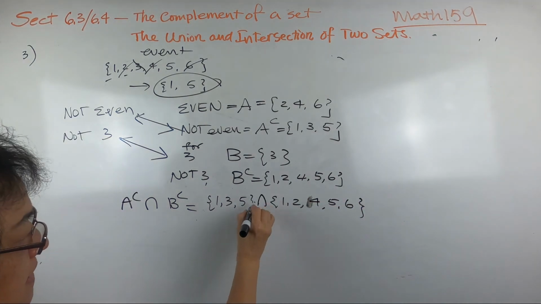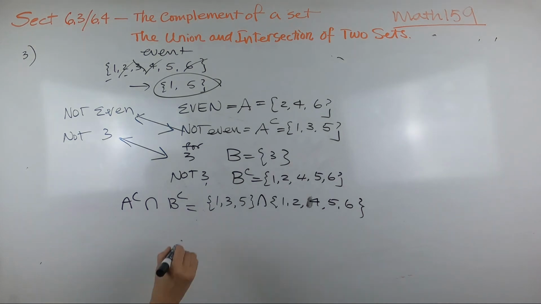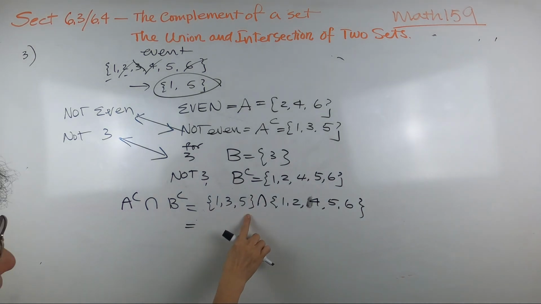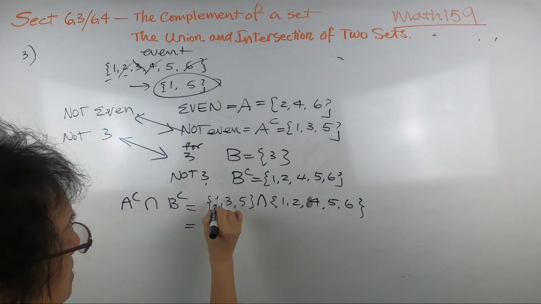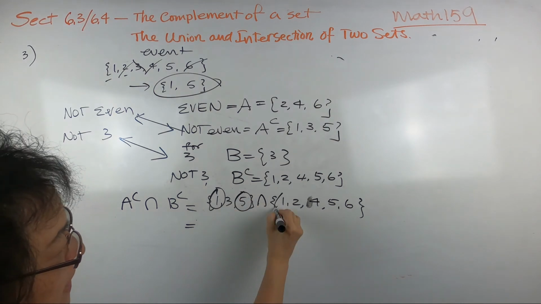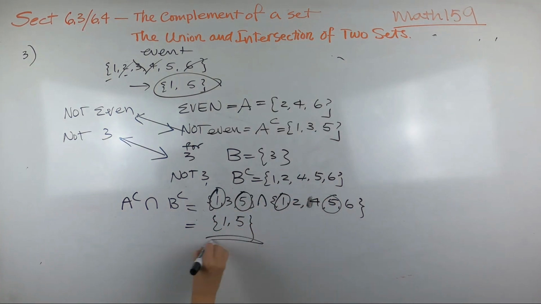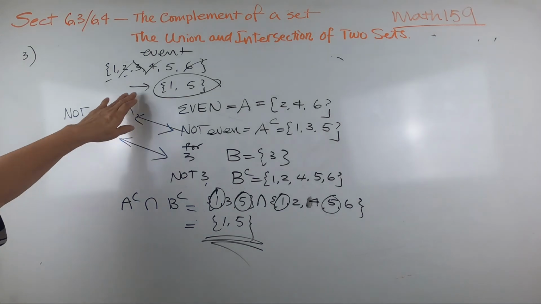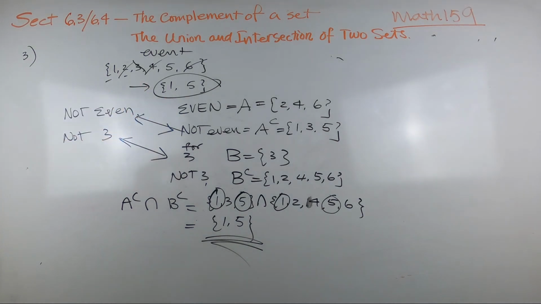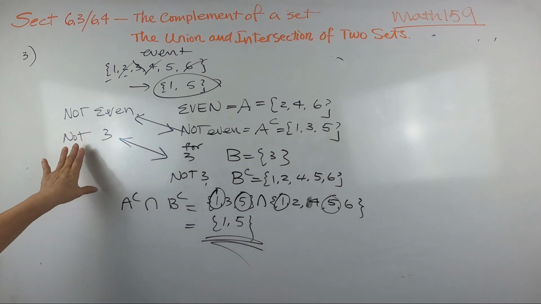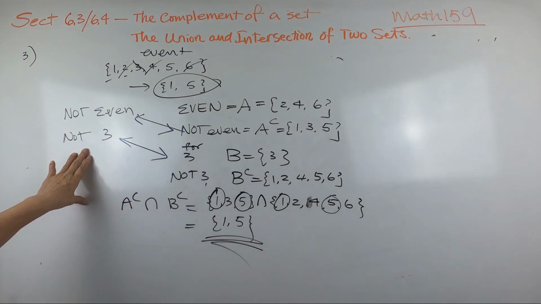What's in common? 1, 5. That would be the answer. It's the same thing as doing it directly, but sometimes it's not that simple. Then we need to use the complement concepts to do that.